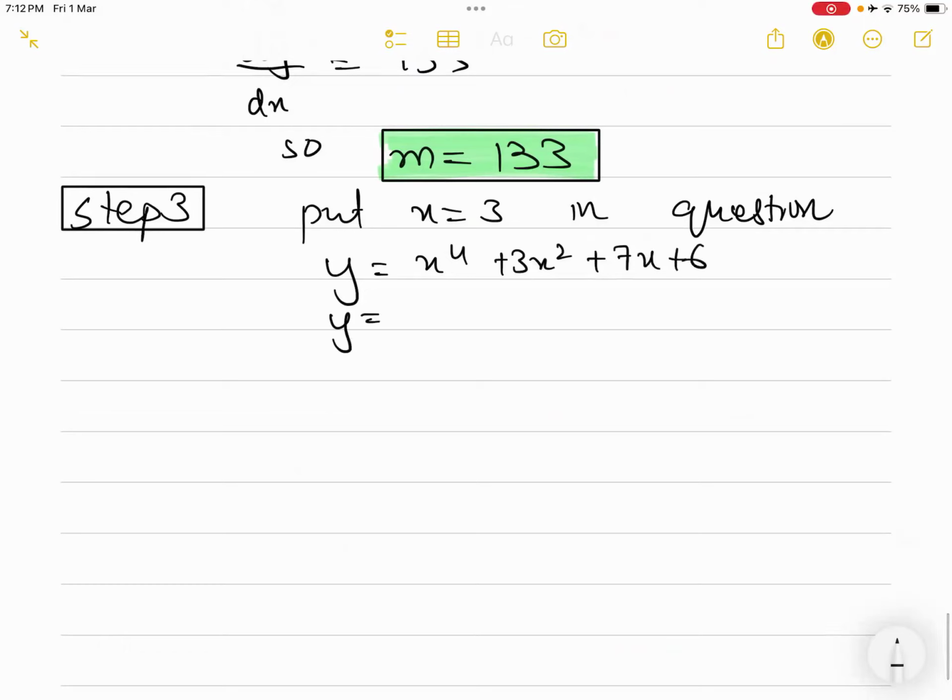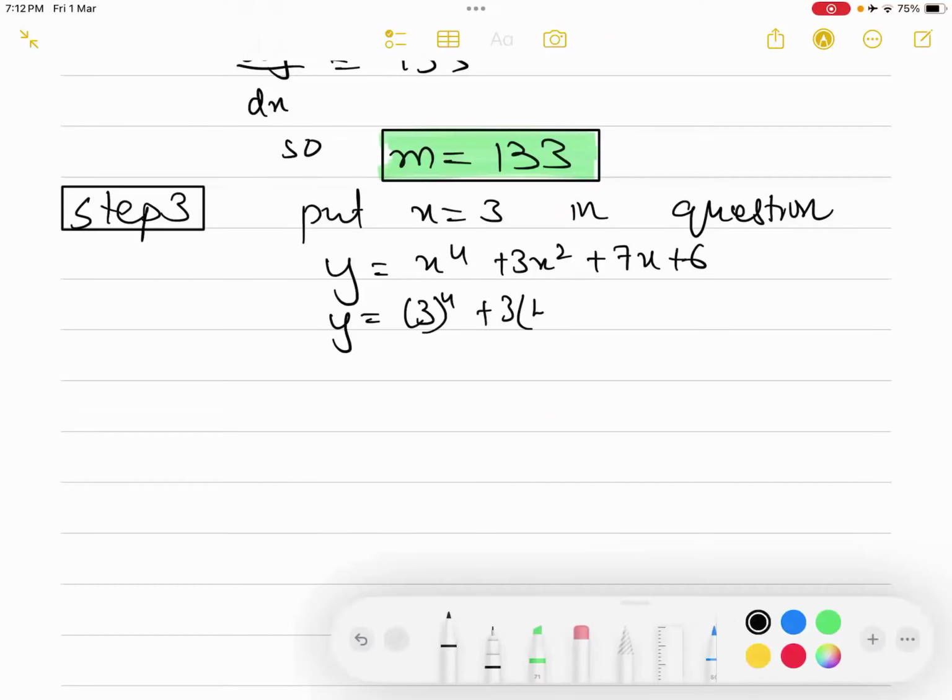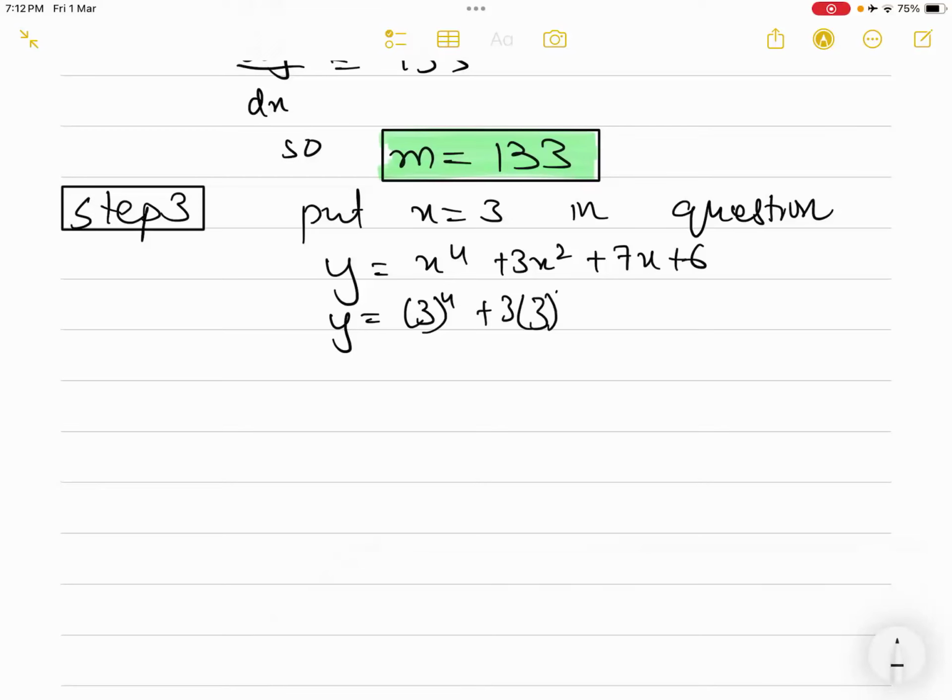So y is equal to 3 power 4 plus 3 times 3 square plus 7 into 3 plus 6. So y is equal to 3 power 4 is 81, 3 square is 9, 9 threes are 27, 7 threes are 21, plus 6.